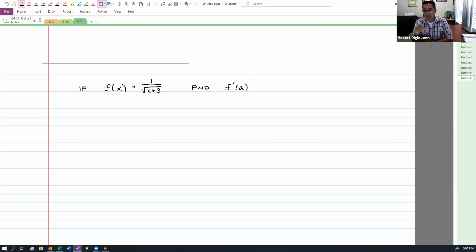So I'm asking you to find a formula that's going to spit out the slope of the tangent line for this graph at any arbitrary value of a. That's what I'm asking for, right?